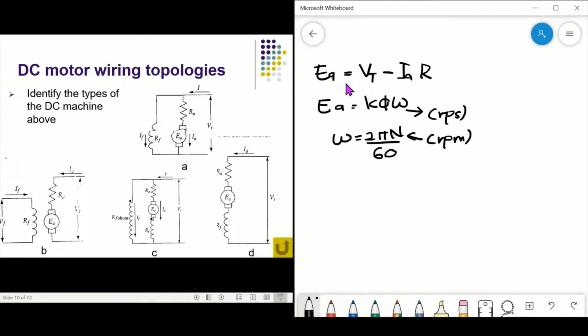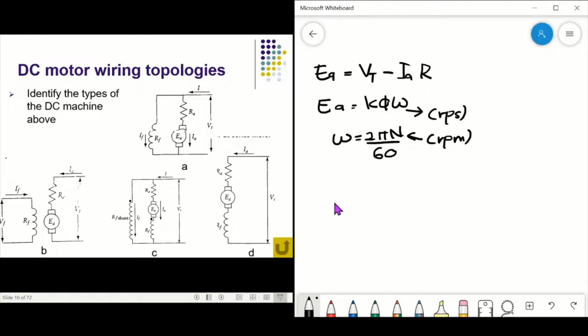Before this, I mentioned the losses in a DC motor. Now I want to draw for you the power flow diagram of the DC motor.